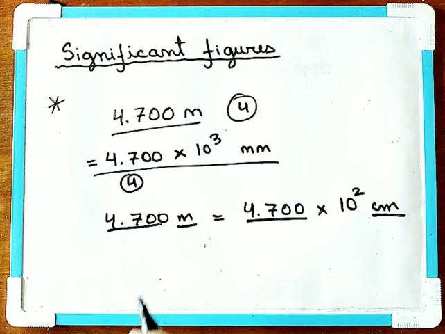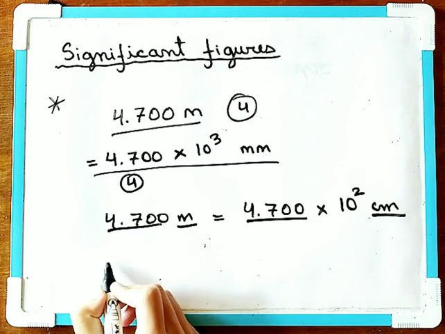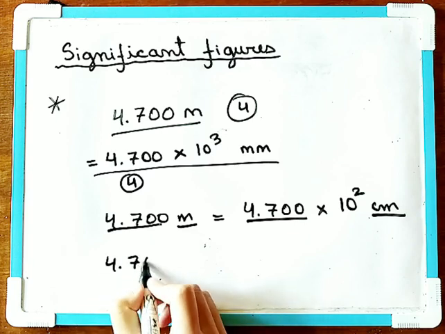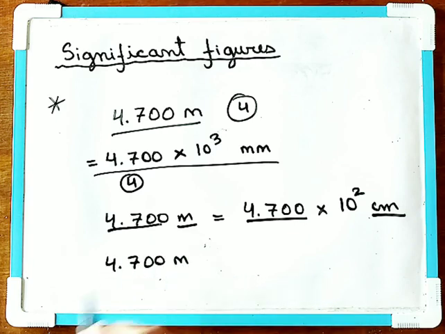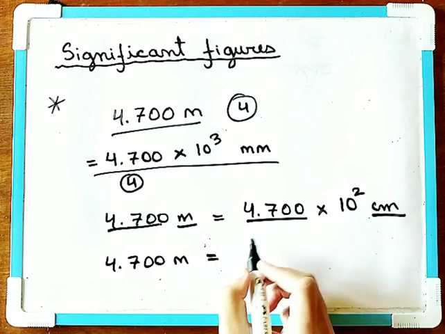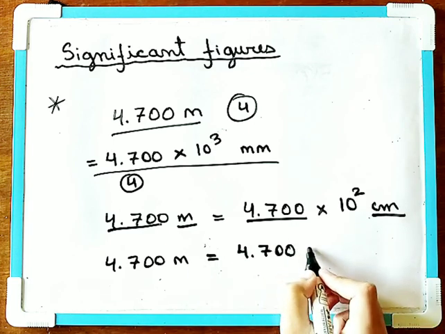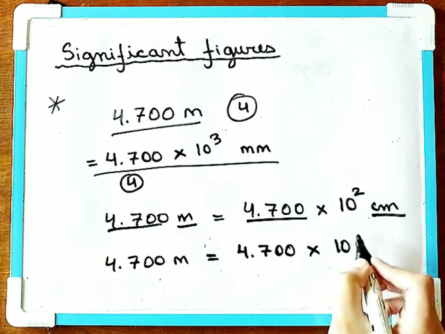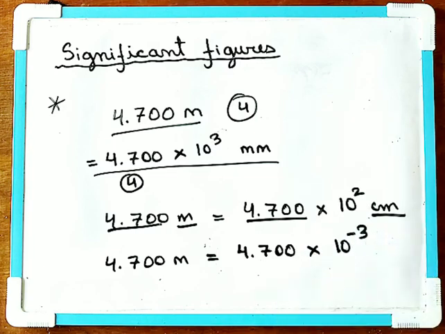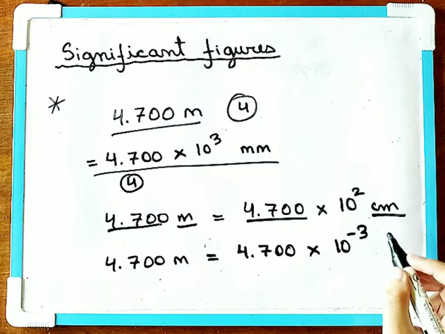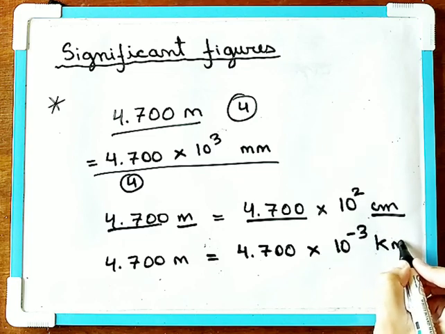Even if you want to convert this into kilometer, for example 4.700 meter, I want to convert it into kilometer, then 4.700, I'll multiply it with 10 to the power minus 3. Once I multiply with 10 to the power minus 3, it becomes kilometer.